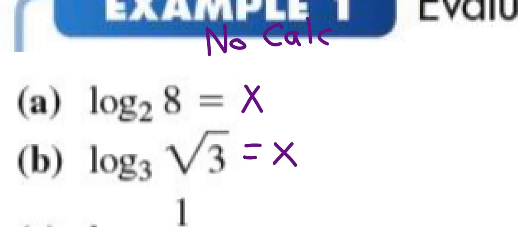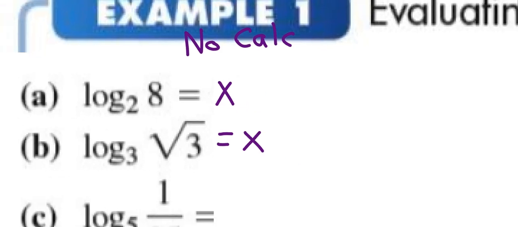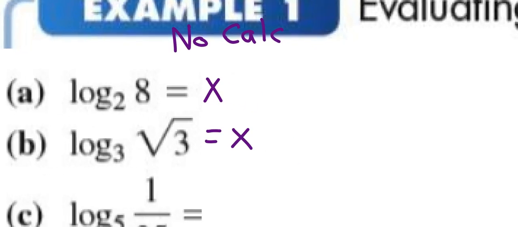But what you notice in every single one of these evaluate questions, whether you look at them in homework, they don't ever put equals x. You better do this when you write. Okay? It will help you immensely if you do this. I do not know why textbooks do not typically do this. You're going to change this into its exponential form.